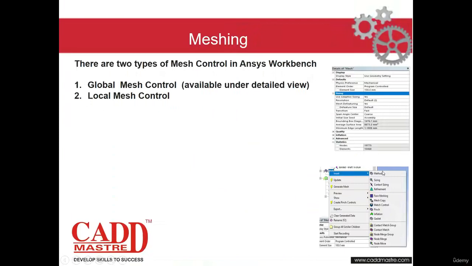That is the local one. The difference between the local and global mesh controls is that if you wish to control the components of assembly parts with different detailing of mesh, then we can control it by using the local mesh control, whereas global mesh control applies the same details over the components.